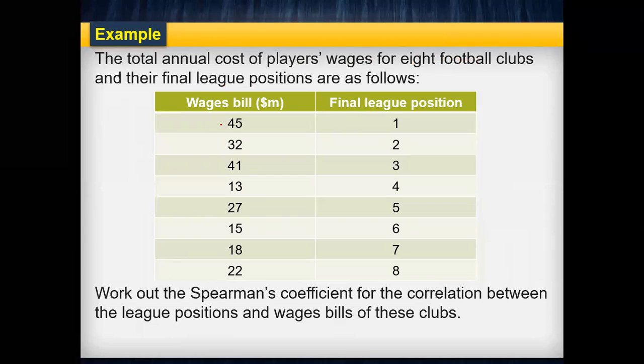For example, this team is paying wages of 45 million dollars and got the first position, and this team, which paid 32 million, got the second final league position. First of all, tell me which one is the x variable and which one is y. What do you think? Which one is x and which one is y?